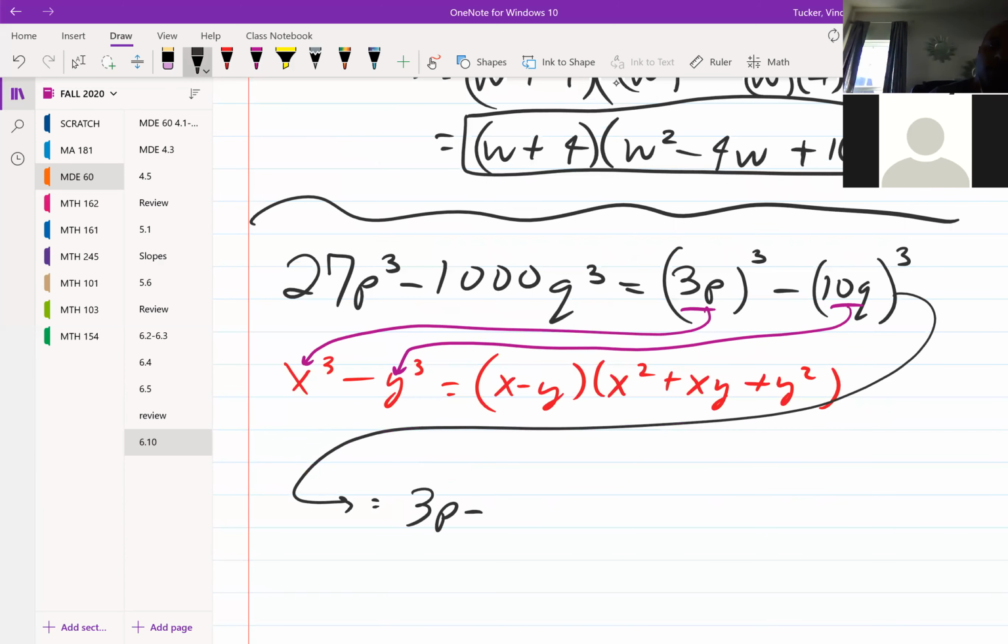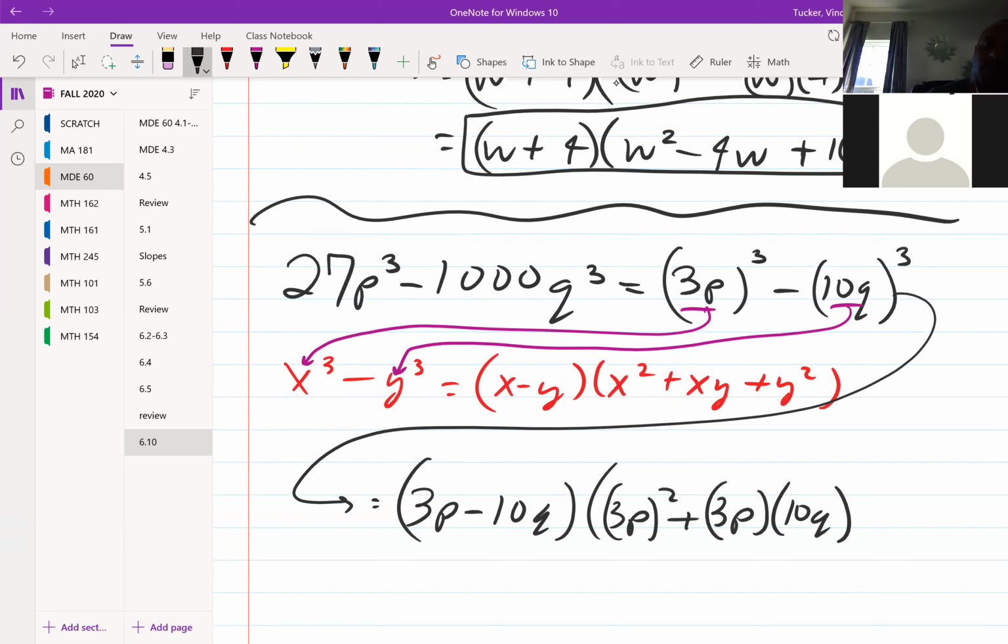So it's 3p minus 10q, x minus y, 3p squared plus 3p times 10q plus 10q squared.